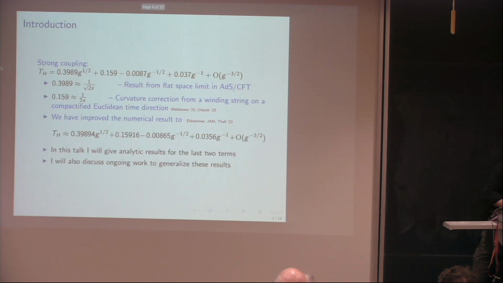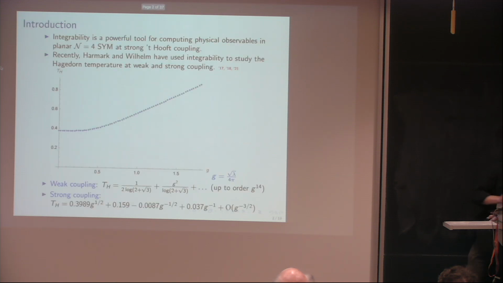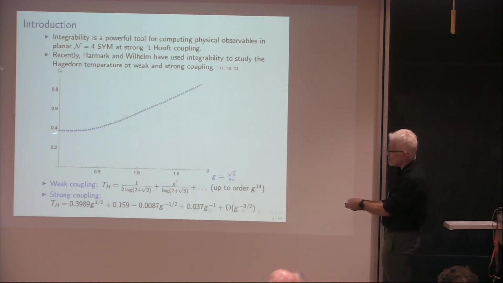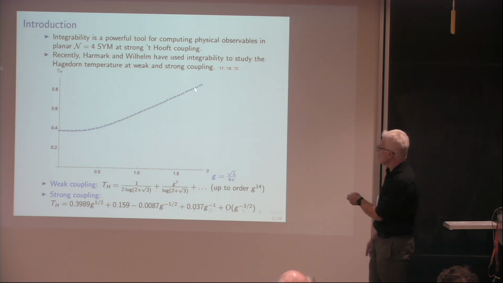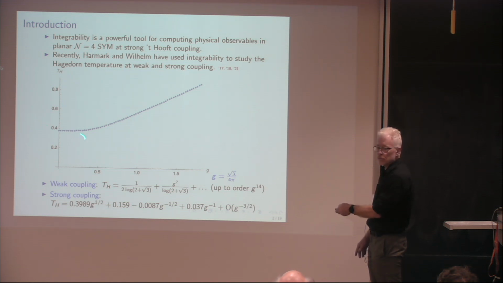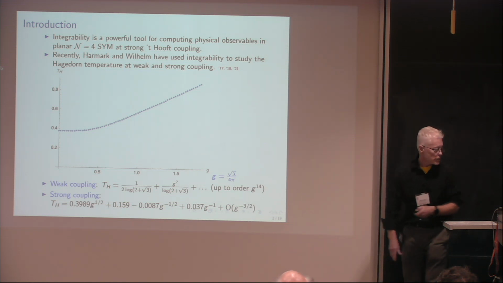This result is done numerically starting at zero coupling. But you can also see that it matches the strong coupling expansion. In particular, it matches in the middle where you're in the intermediate coupling. It's reasonable. Up here you're in the string regime, and down here you're in the normal perturbative regime.